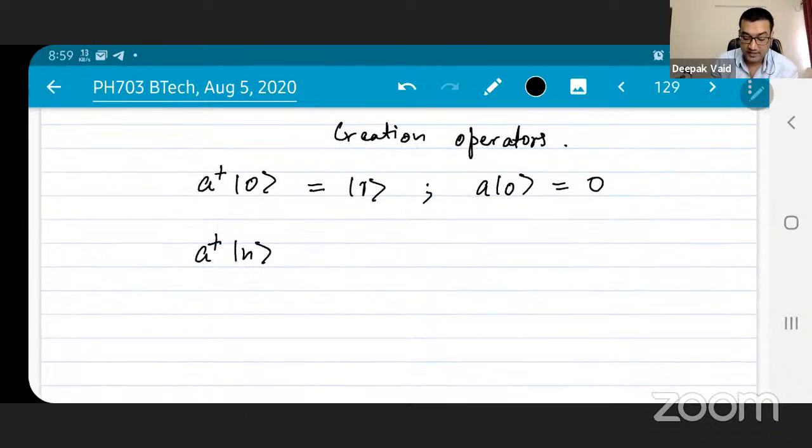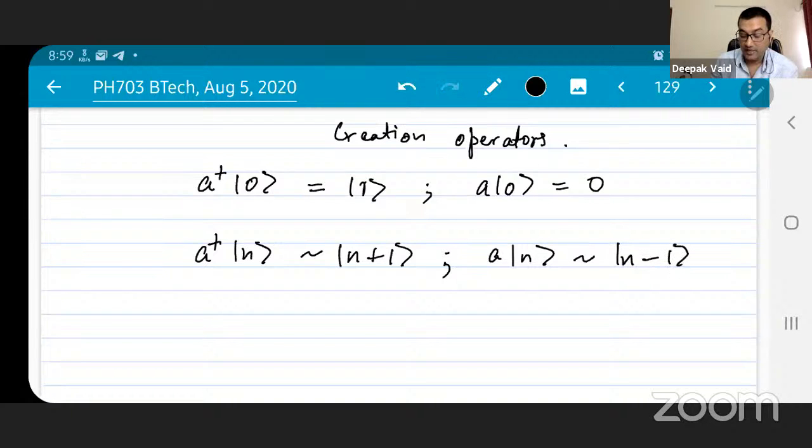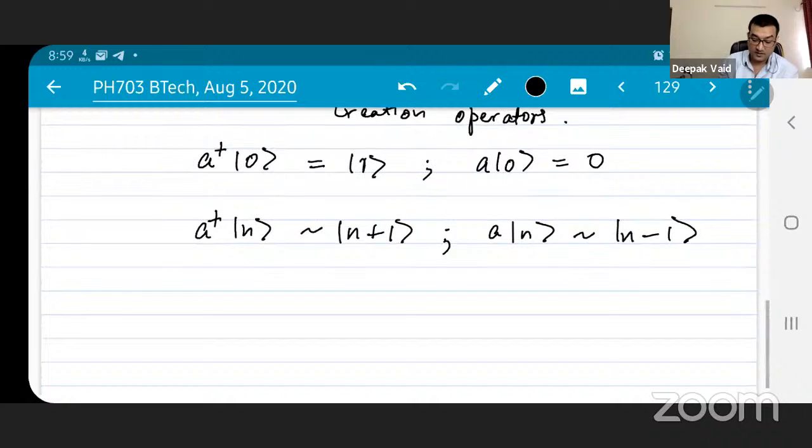If you act with A dagger on the nth excited state, you get the n+1th excited state. And similarly, if you act with A, your energy level goes down by 1 step. That's why these are called ladder operators.